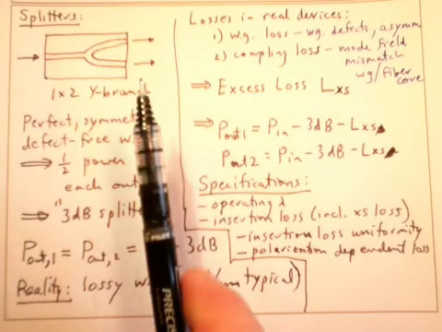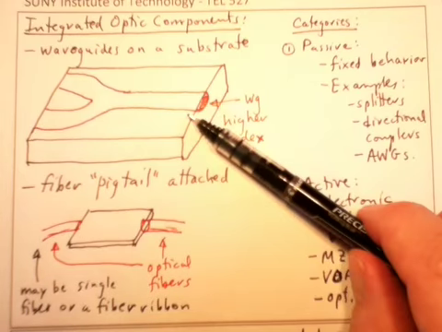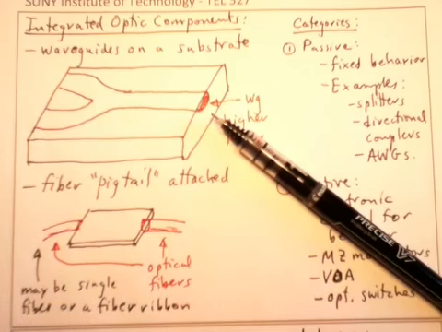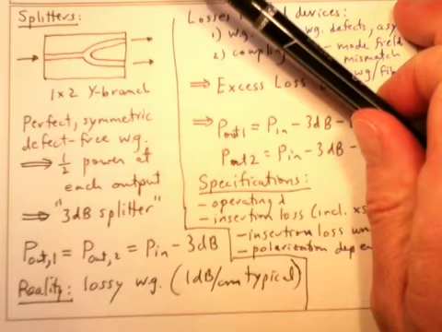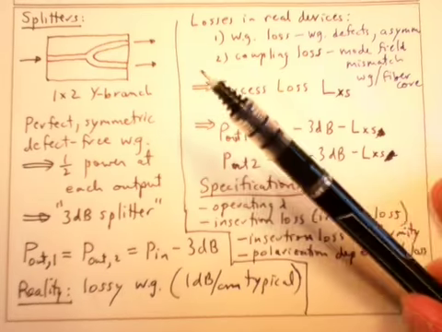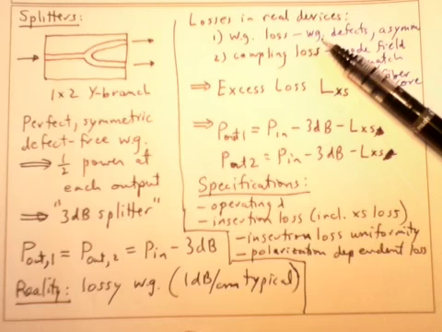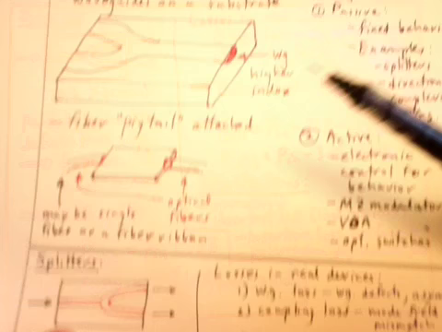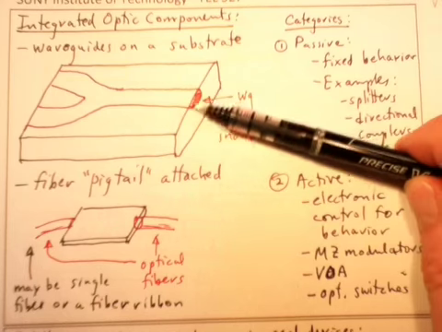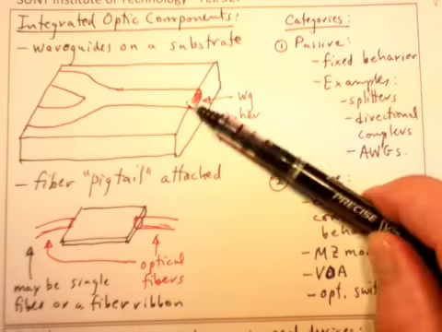And because the waveguides are intrinsically asymmetric, we have different effective indices of those waveguides for the different polarizations. We also have different amounts of loss. So for example, I said here that waveguide defects give rise to losses, and the defects may be different in the vertical direction than in the horizontal direction. So for example, in the vertical direction you have this upper surface.